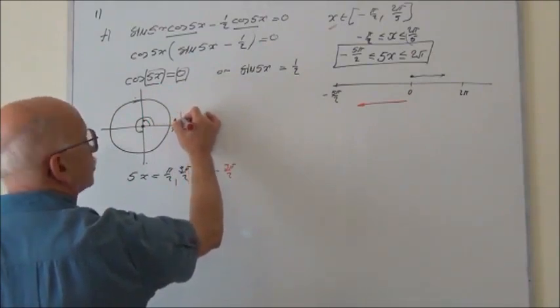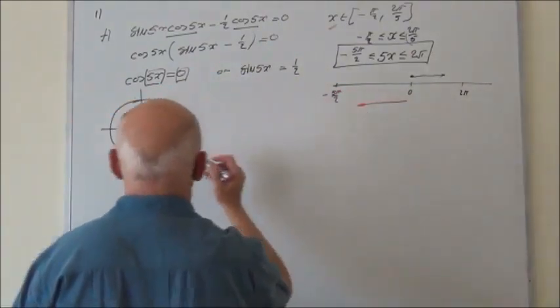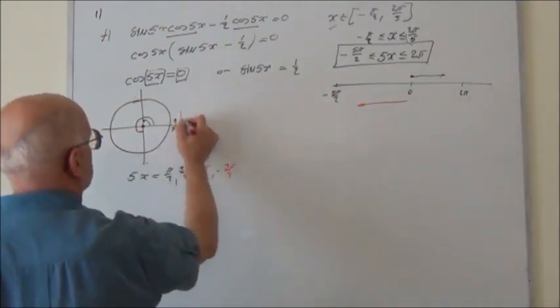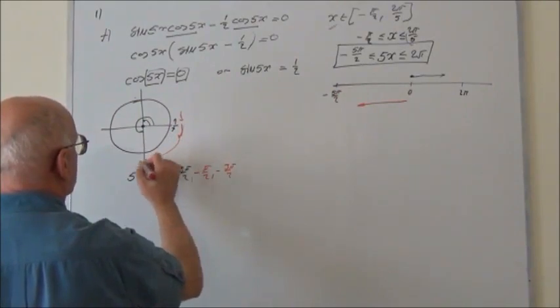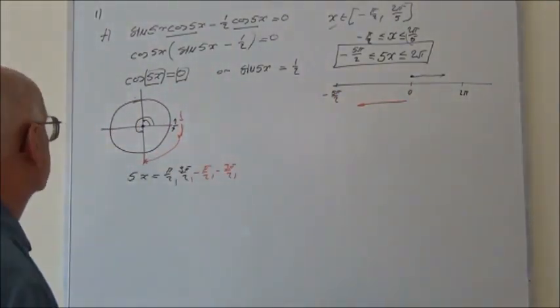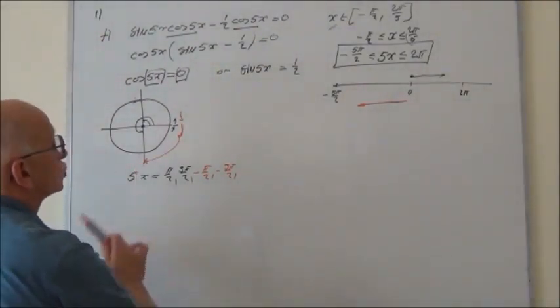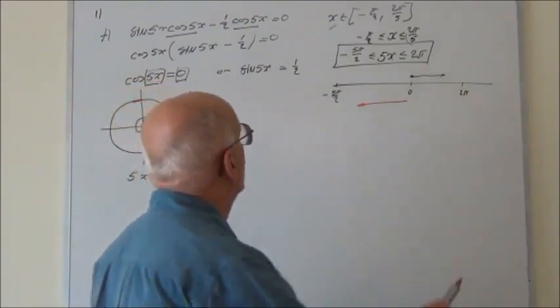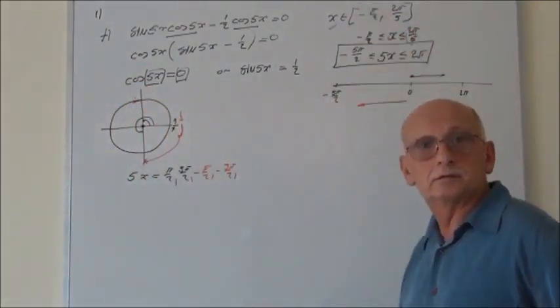And we have to stop there, wait, negative 5 pi on 2, okay, we have to continue and stop here. But one interesting thing, this is one more solution, because we have this square bracket.